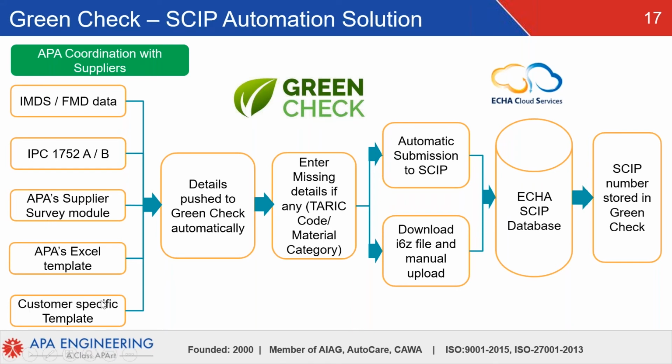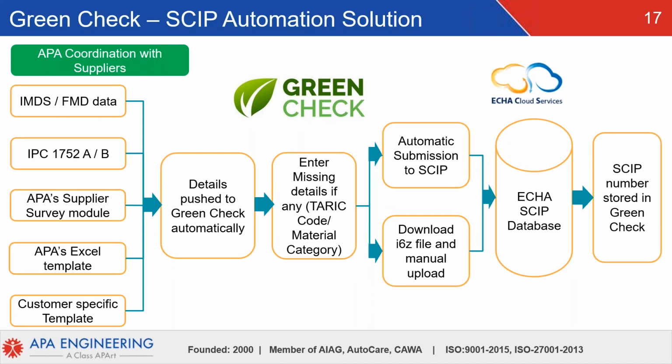If you already have the details, larger companies may maintain all the details in their in-house database. This in-house database can be integrated with our Green Check, or the customer can extract the details in a specific template or their own template.